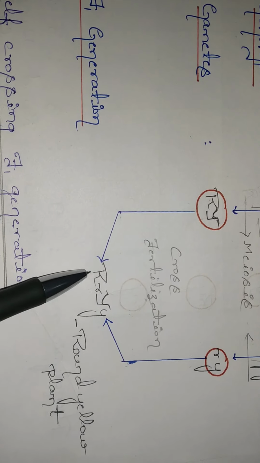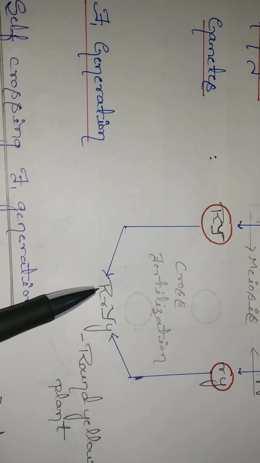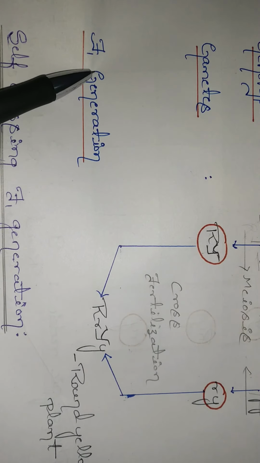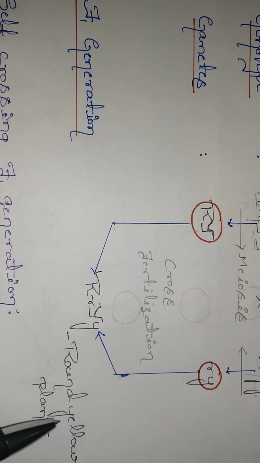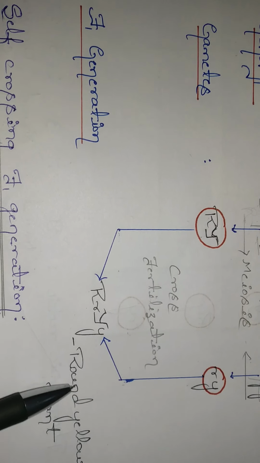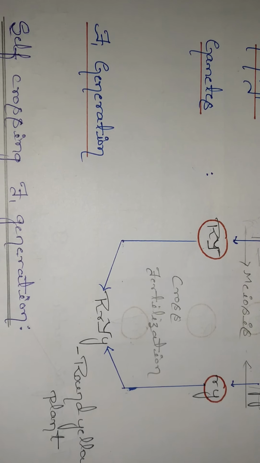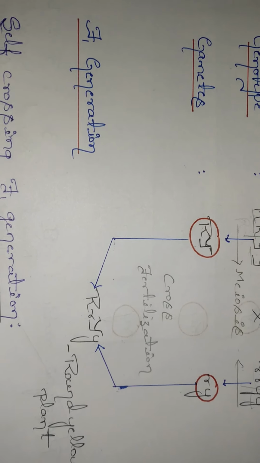Such that the combination of these characters, the F1 generation of the dihybrid cross will be round yellow seeded plants. So this is the result of the F1 generation proved by Mendel by taking the dihybrid cross.